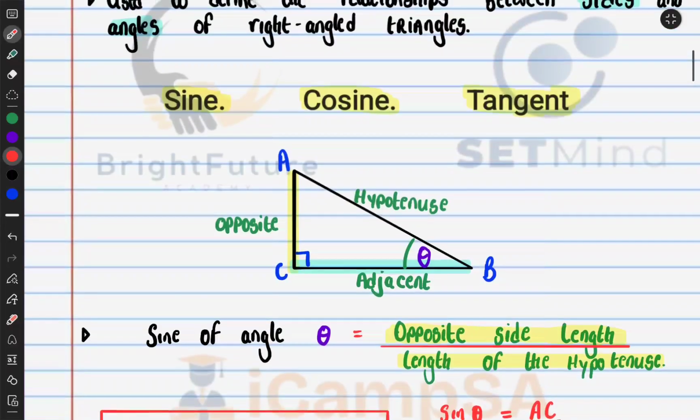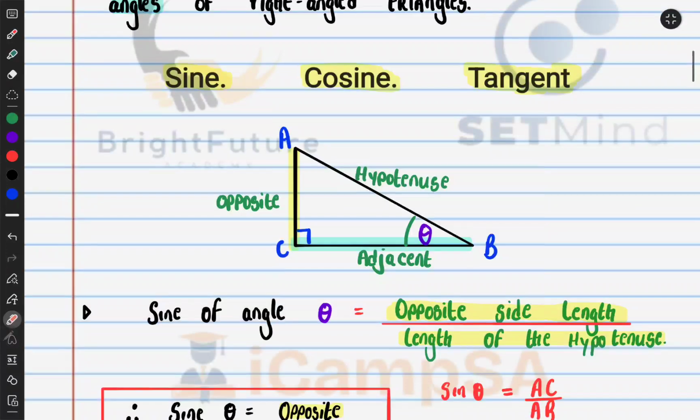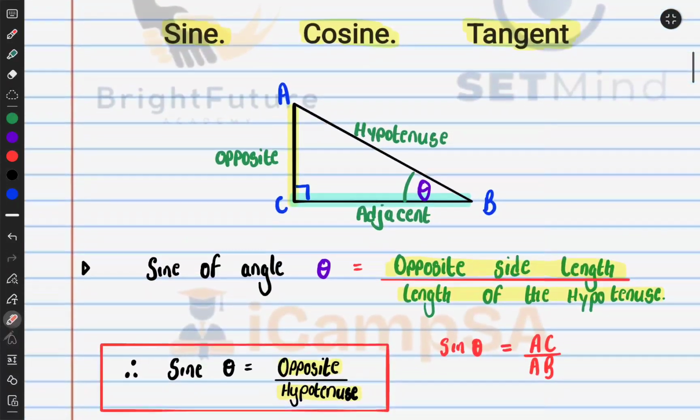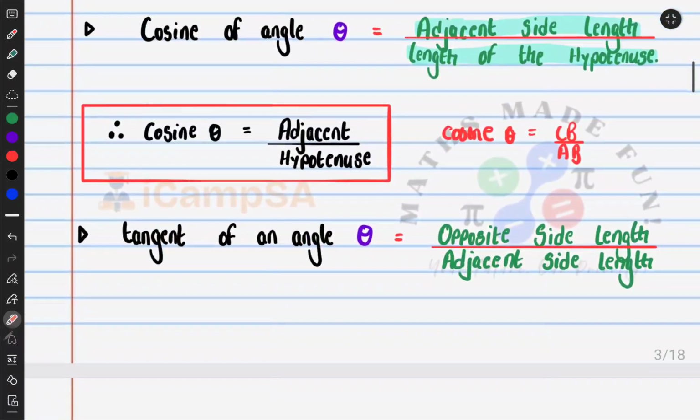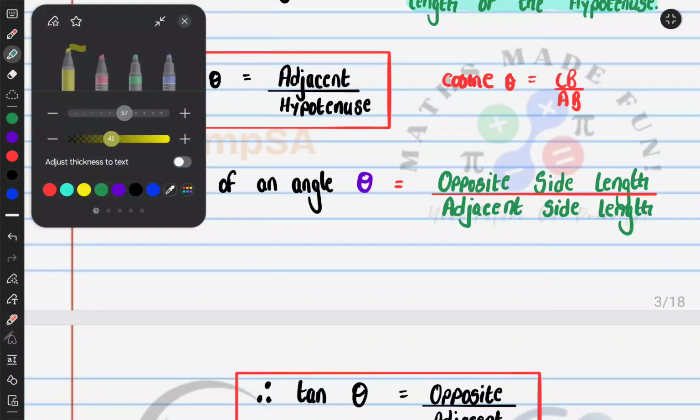Hopefully that makes sense. And then thirdly, we have another special trigonometric ratio, which is the tangent. So let's go ahead and quickly look at what happens when we are looking at the tangent of an angle theta. So for the tangent of an angle theta, the ratio will be the length of the opposite side over the length of the adjacent side.